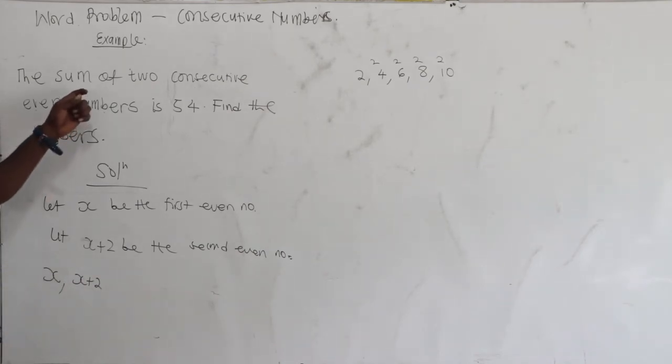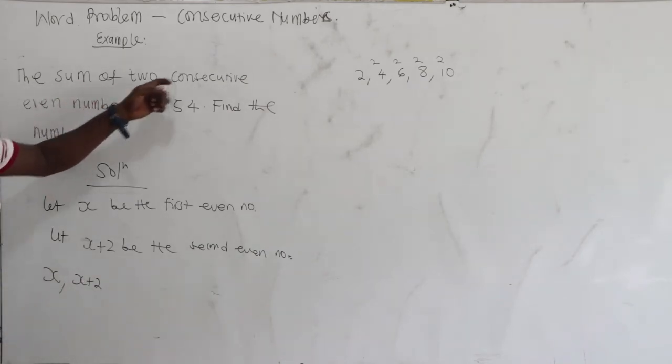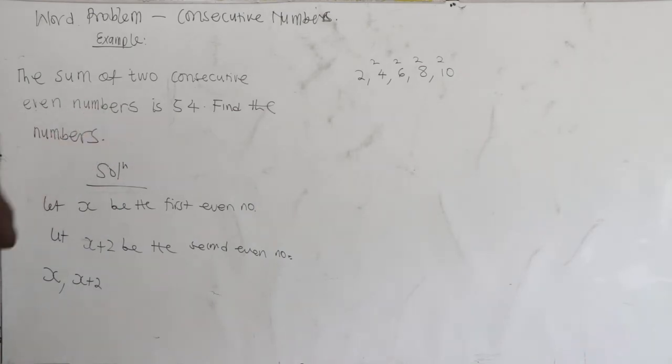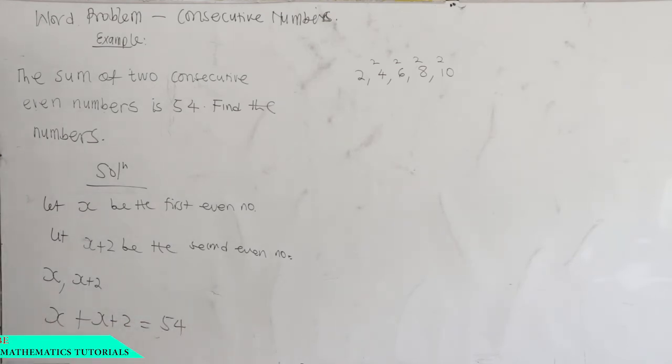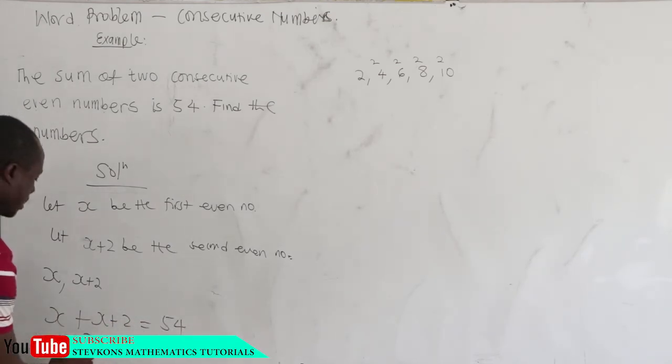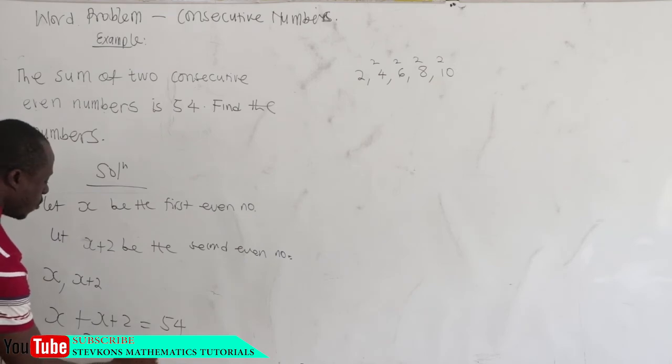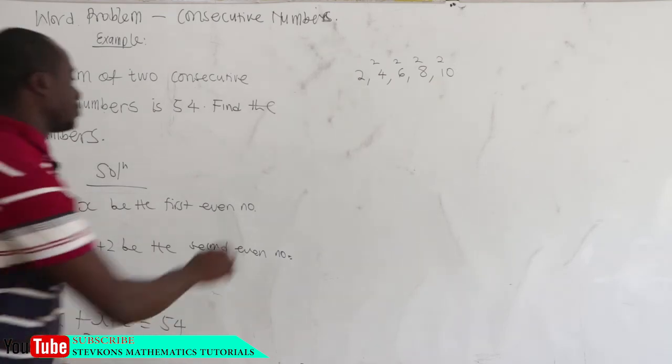Now, what have we been told? We have been told that the sum of two consecutive even numbers is 54. So when you add these two, that is x and x plus 2, this is equal to 54. We want to find x. x plus x, that is 2x, equals 54 minus 2.